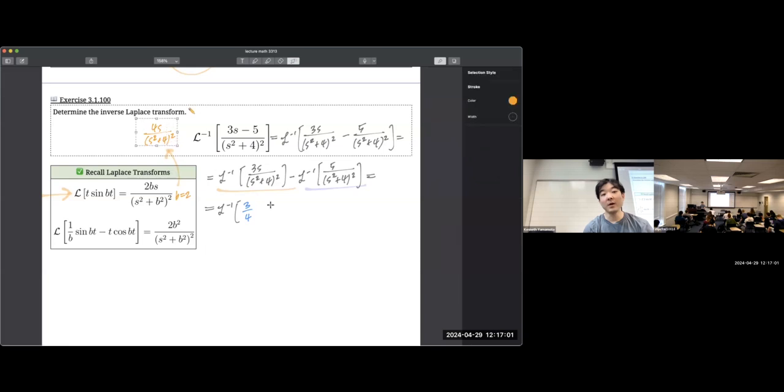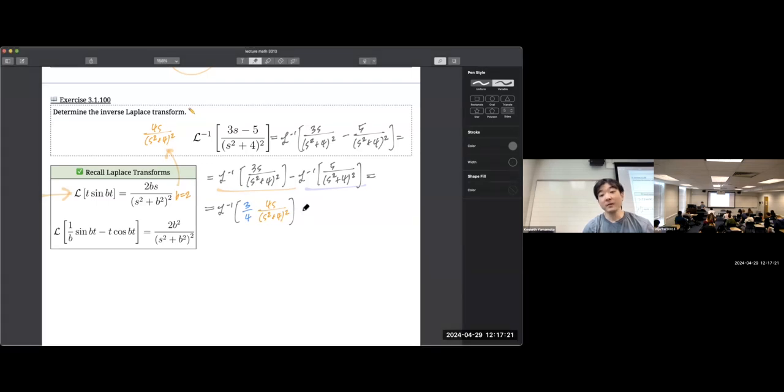And we know this guy, the inverse Laplace transform of this, from this table right away, but we're trying to make sure we rewrite this as some multiplicative factor times a Laplace transform we know. The 4's will cancel and the 3 will be there, and then we have that.